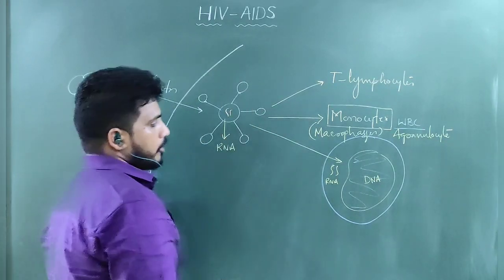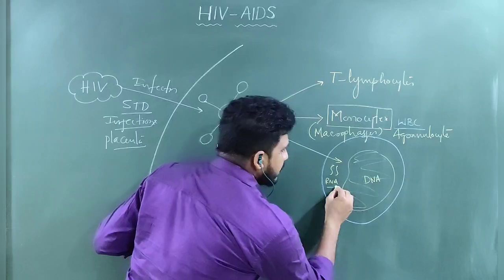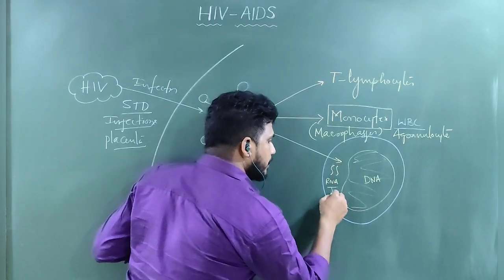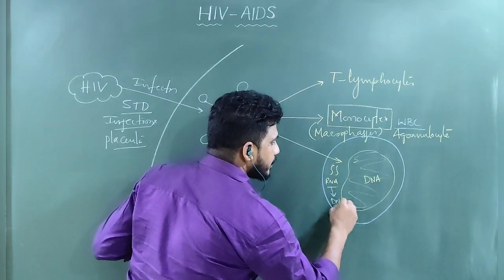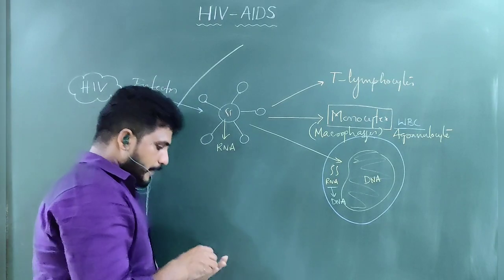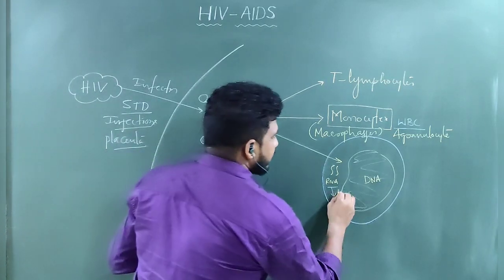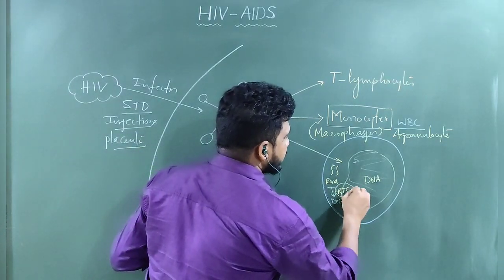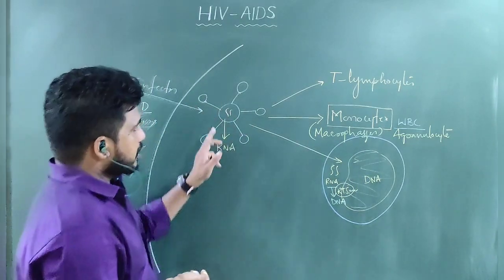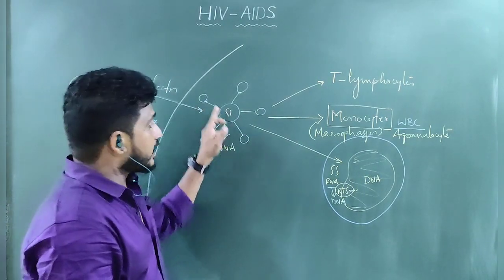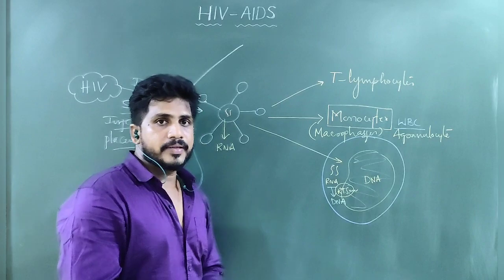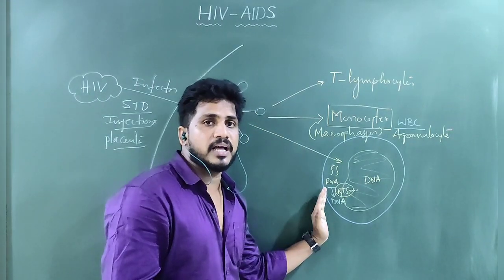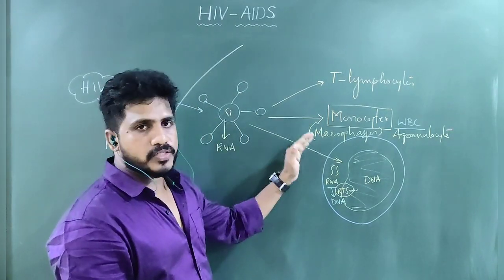It cannot incorporate. But RNA is transcribed into DNA in host cells with the help of an enzyme called reverse transcriptase. Reverse transcriptase is also present in this virus, associated with the RNA. That RNA is injected into the macrophages, nothing but monocytes.